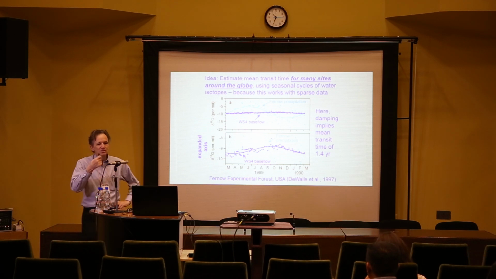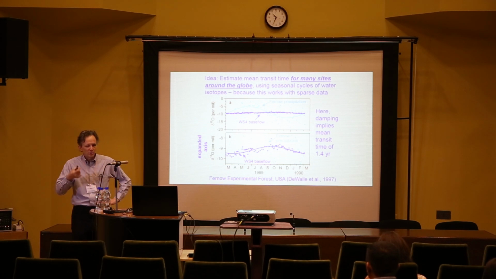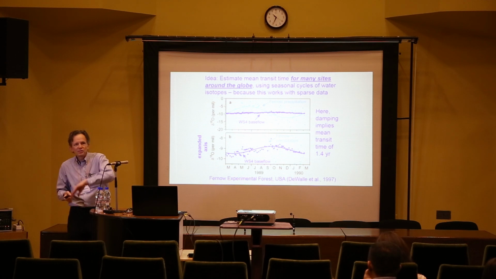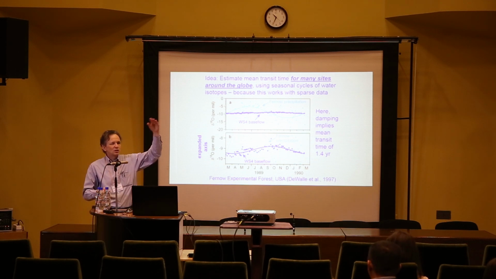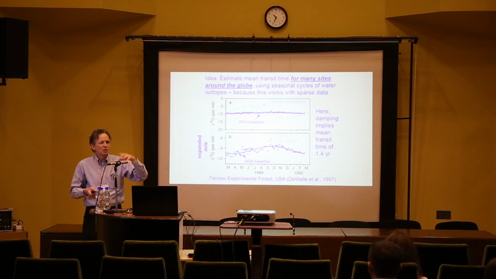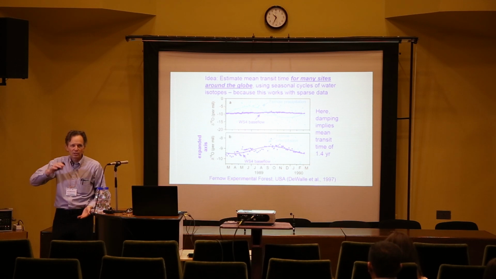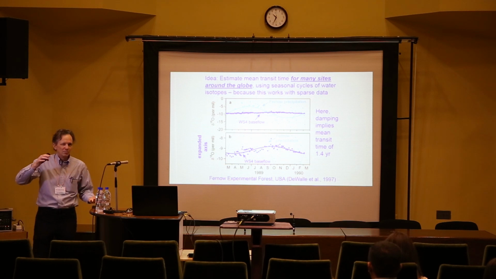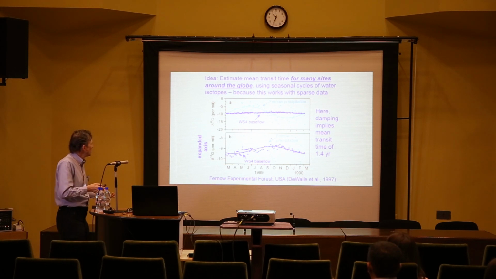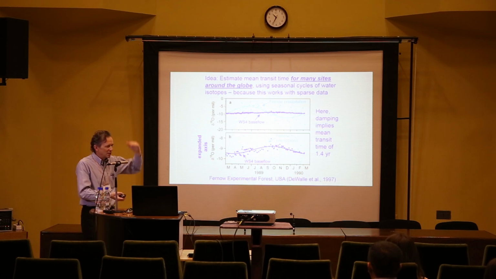The dominant signal in a typical water isotope time series is a seasonal cycle. Isotopically heavier in the summer, isotopically lighter in the winter, and as you go to the interior of a continent, like Russia, for example, then that cycle gets bigger and bigger.